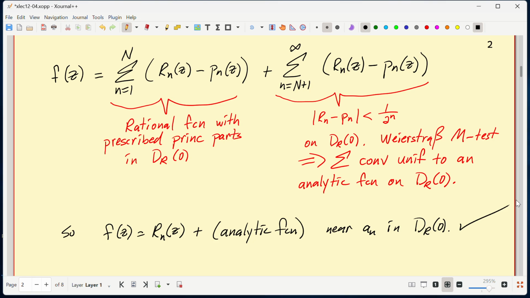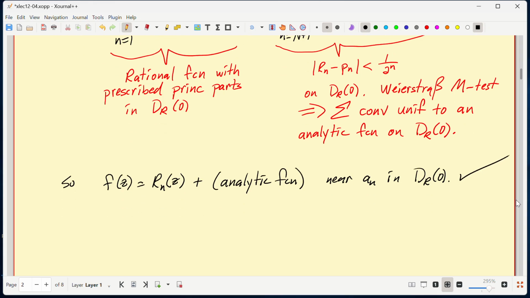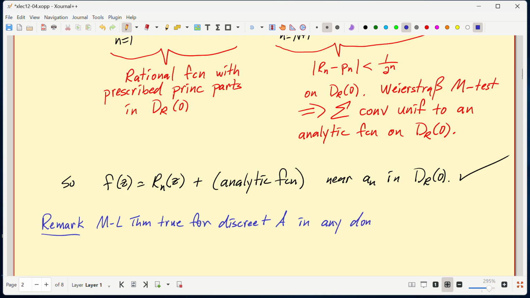I guess I should make a remark that the Mittag-Leffler theorem is true not just for C, but for any domain. For a discrete set A in any domain, I can cook up a meromorphic function with prescribed poles on the discrete set.